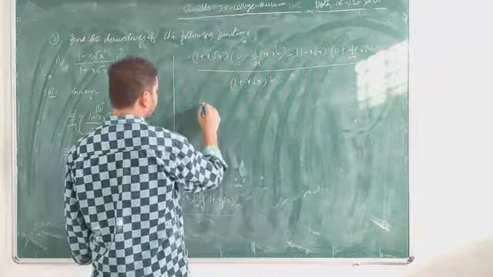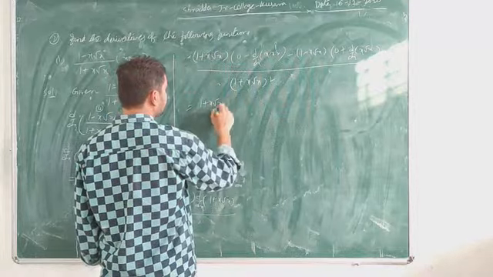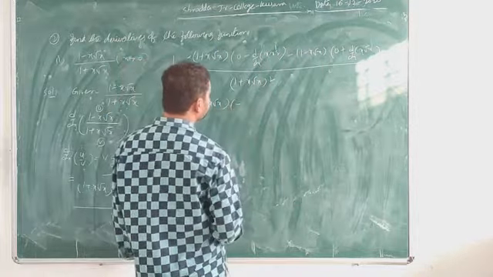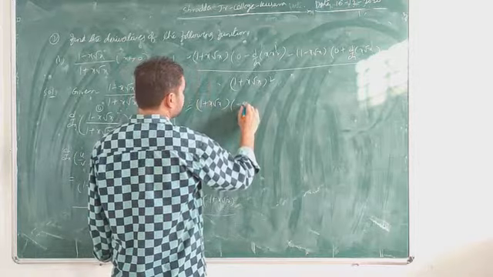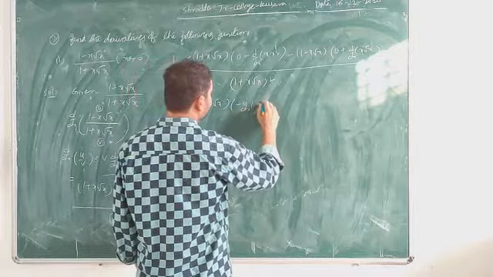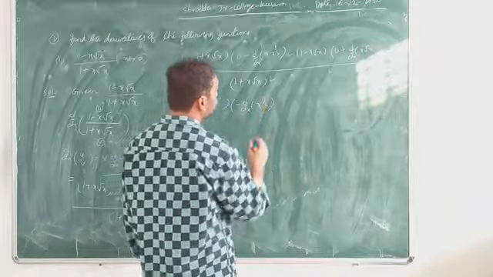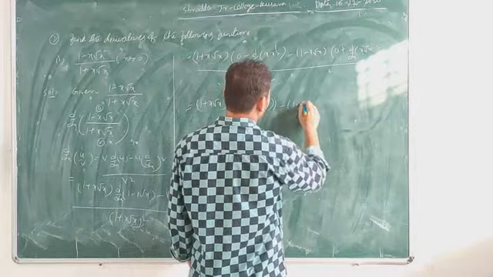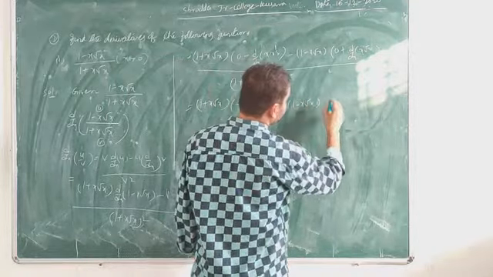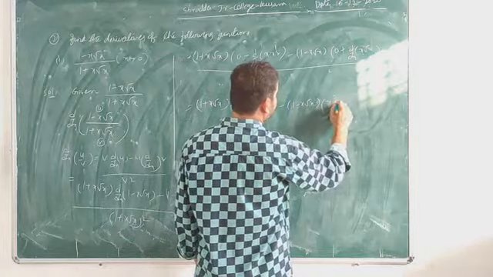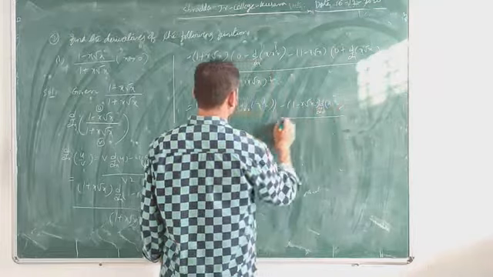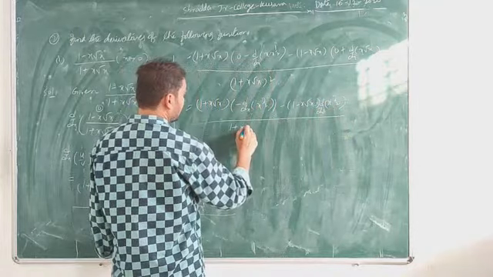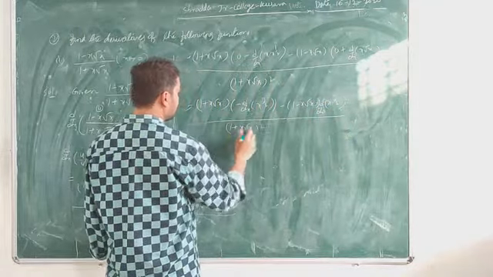Now we have (1 plus x root x) into d/dx of x power 3 by 2 minus (1 minus x root x) d/dx of x power 3 by 2, by (1 plus x root x) whole square.